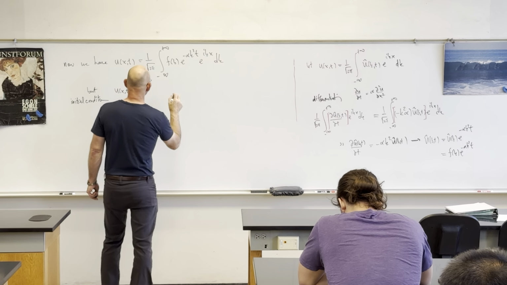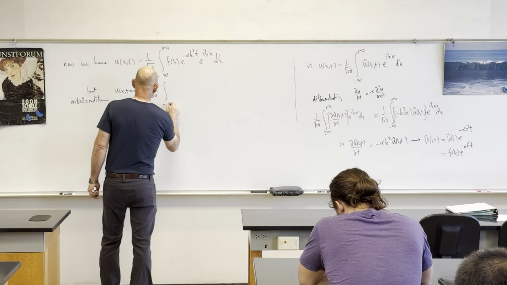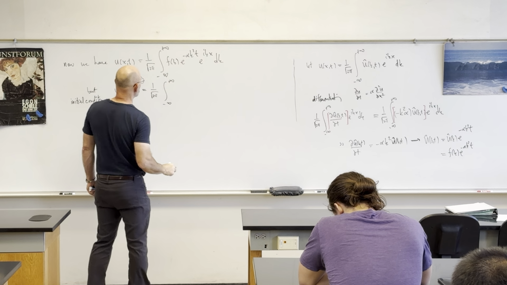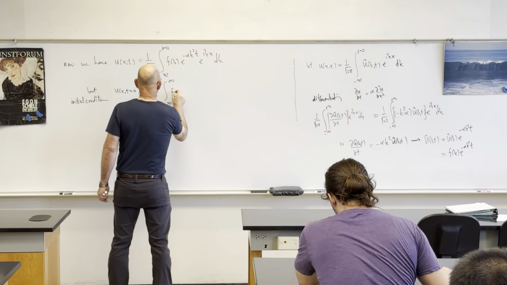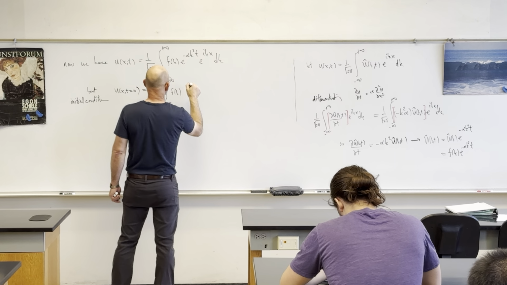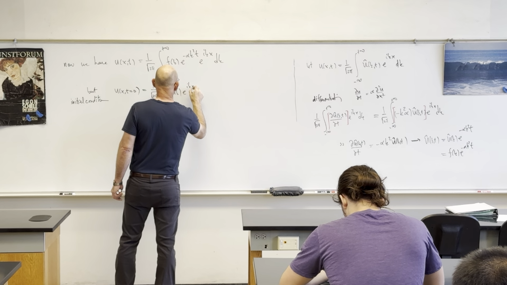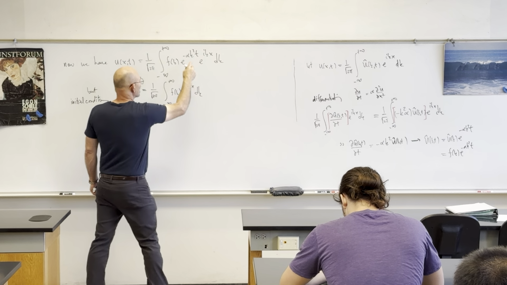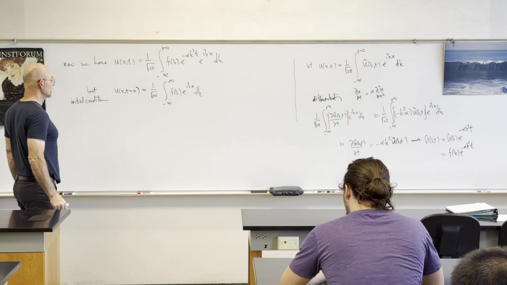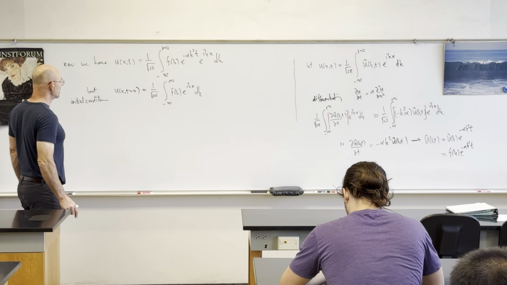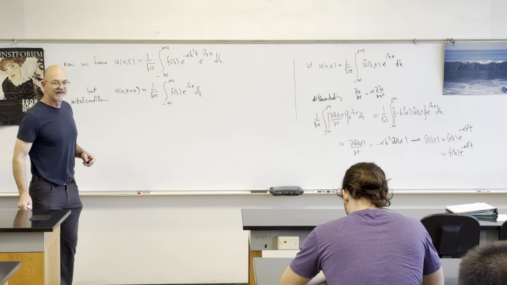U of x and t equals 0, we get this 1 over 2 pi integral of f of k e to the i kx dk, because we plug in t equals 0 and just get the 1 there. And what we're looking at here is we now know the identity of this mystery function.